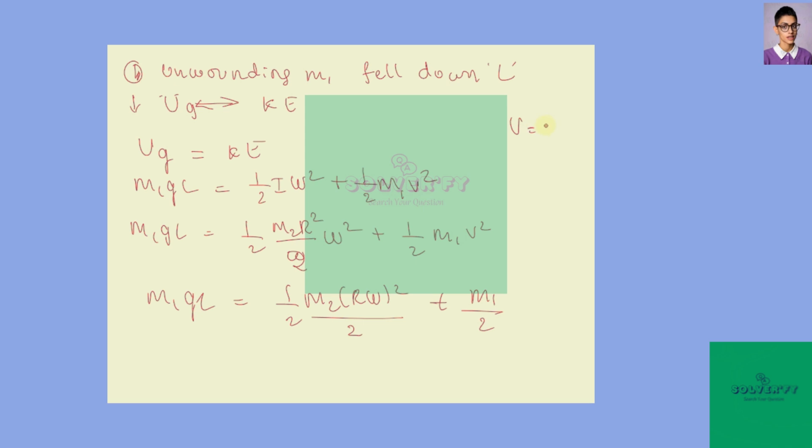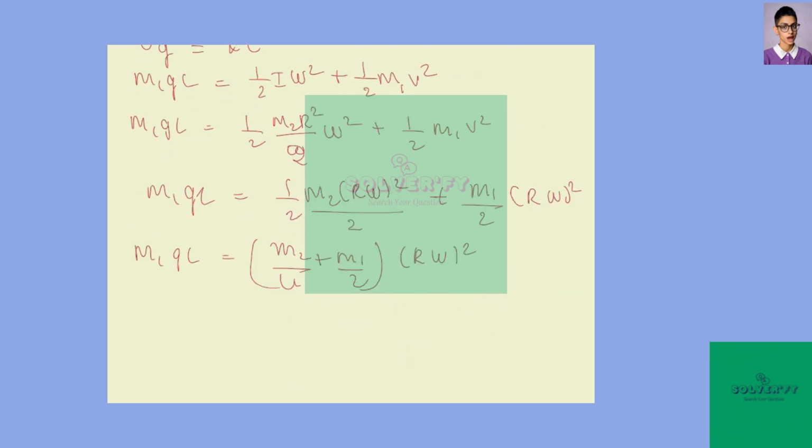Since v is equal to r omega, this is also (r omega) whole square. So m1 g L is equal to (m2 by 4 plus m1 by 2) into (r omega) whole square. Substituting for (r omega) whole square, we have m1 g L divided by, taking LCM, (m2 plus 2 m1) divided by 4, so the 4 goes to the numerator.